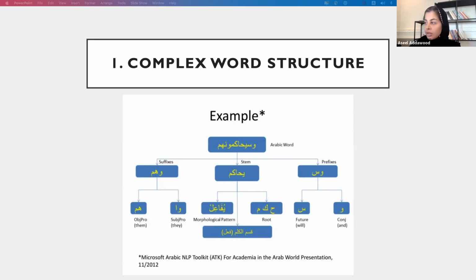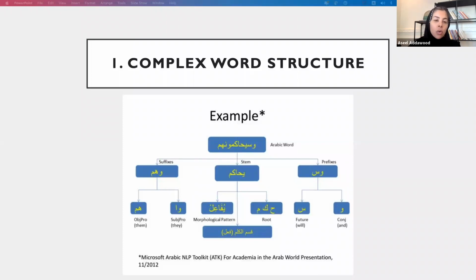This is one example. I have in the beginning the Arabic word. As we can see here, we have the prefix, the stem, and the suffix. There are a lot of parts inside that make up the word, and taking the word itself to its root is very difficult to do.